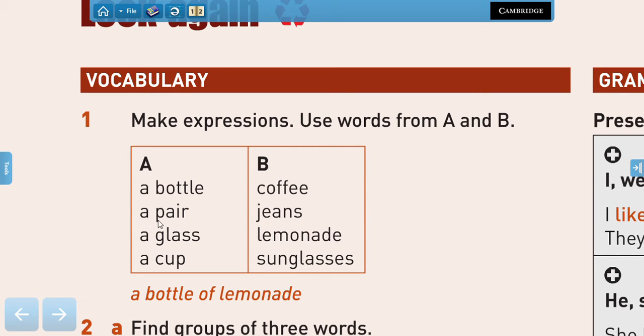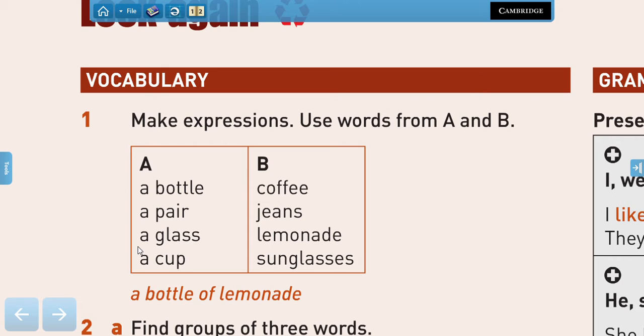A pair of jeans. A pair of sunglasses. Right? We can also say that. A glass of lemonade.